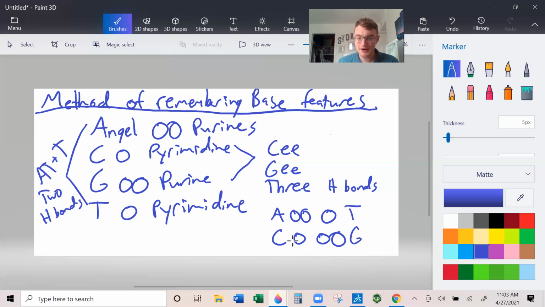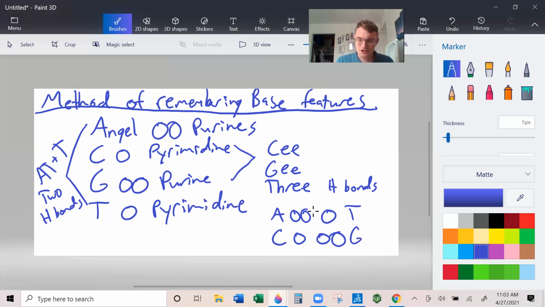A C and G pair is 3 rings across. So by having A pair with T and C pair with G, the DNA molecule stays a uniform width all the way down, because all of the pairs are the same width across. They're all three rings wide, because you always have a 2 ring paired with a 1 ring, a purine paired with a pyrimidine. You always have a purine paired with a pyrimidine.